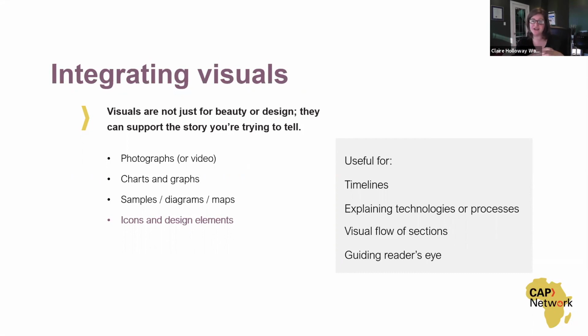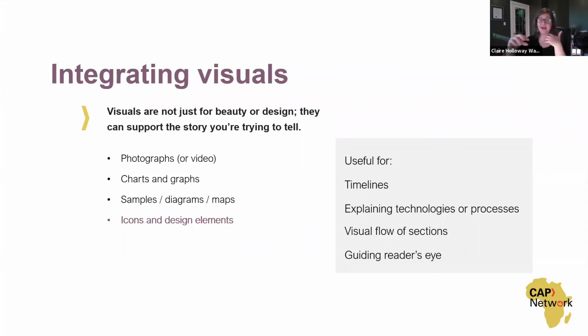Which information is in bold, which information is in a call out box? These design elements or iconography or layout, color schemes help with visual flow. They help guide the reader's eye.